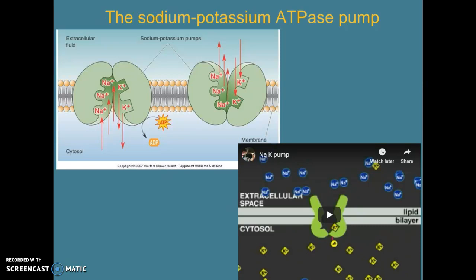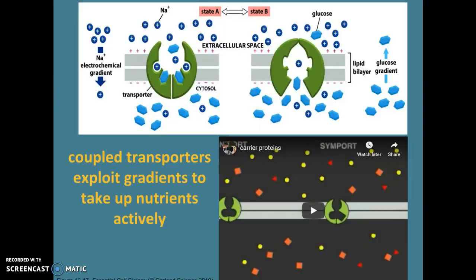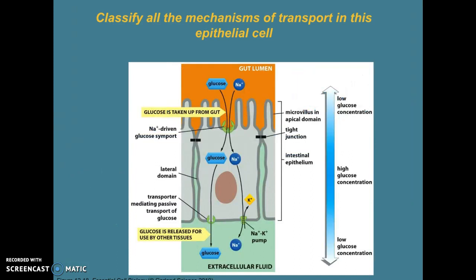That's going to create a sodium-potassium gradient across the membrane. And if you haven't already done so, look at some of the other coupled transporters that exploit gradients. We've got a couple videos on that, and we talked about that in the last video.